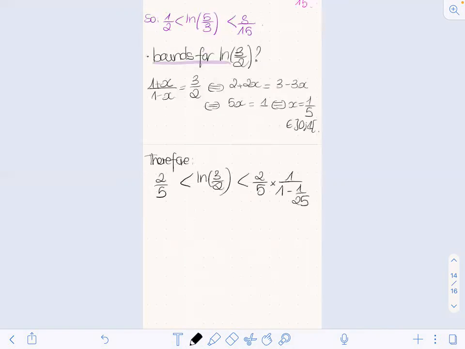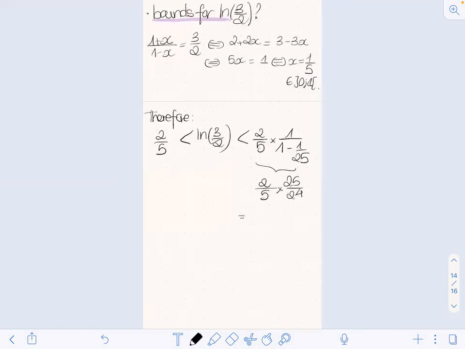Let's reduce that, so we get 2 divided by 5 times 25 over 24, so we get 5/12, which isn't what I'm looking for.